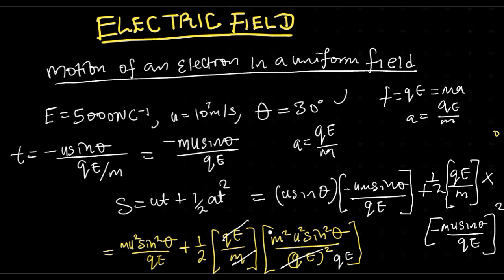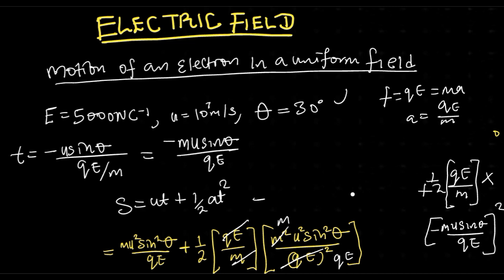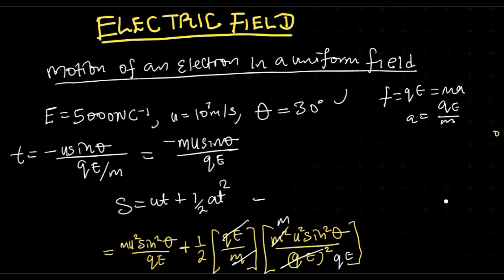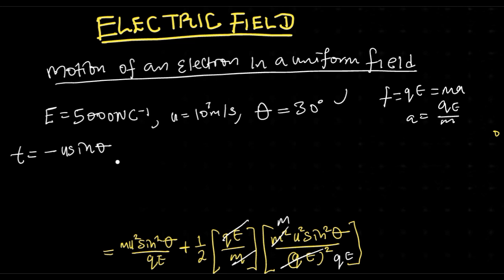When this cancels out, what will be left here will just be m, right? So we can rewrite the whole equation. Just give me a piece of time. Learning takes time. It's very important we submit to the time that learning takes.